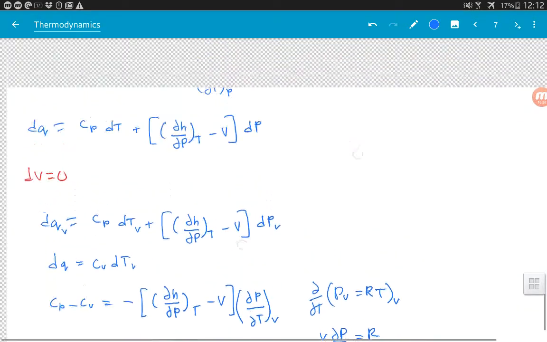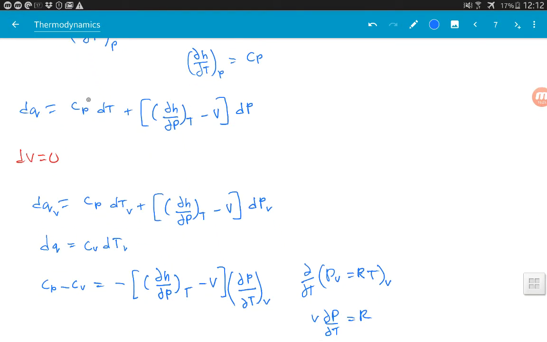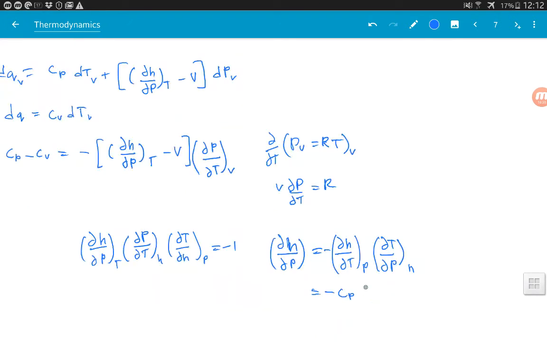At constant pressure, del H del T is actually equal to, could be reduced to, negative Cp del T del P at constant enthalpy.